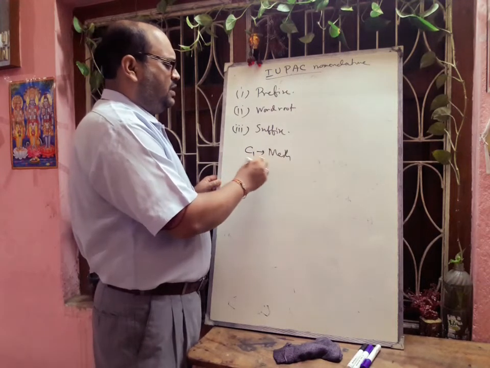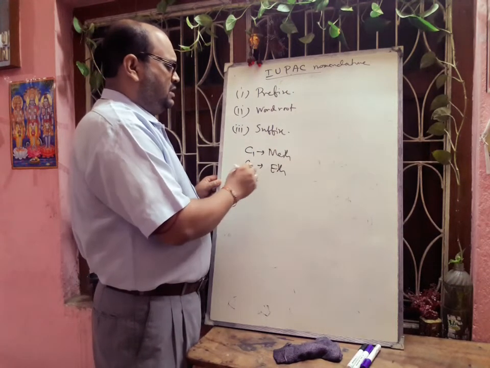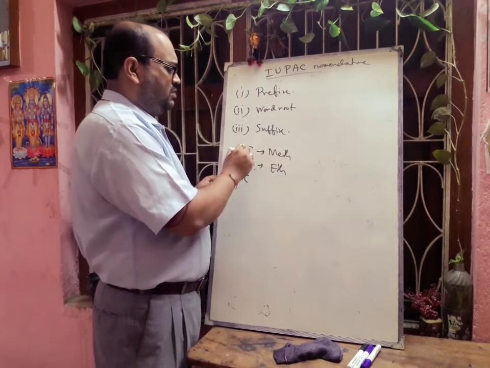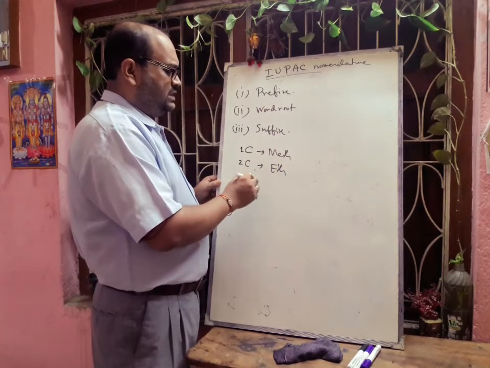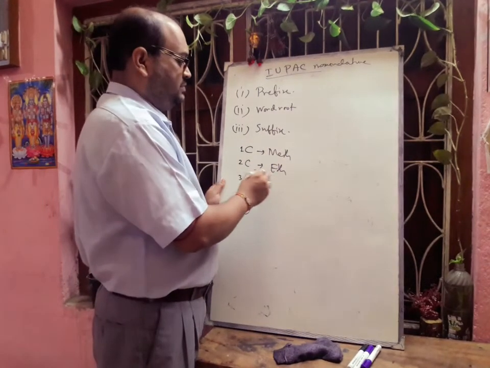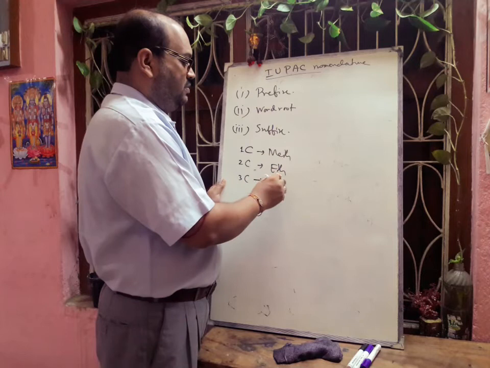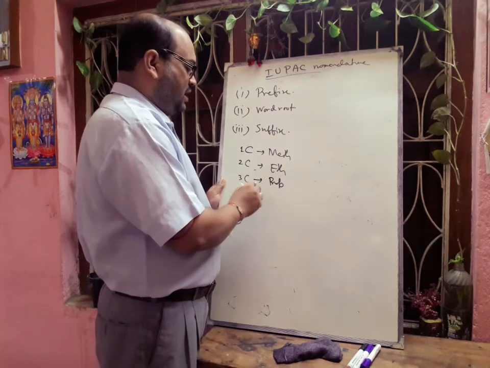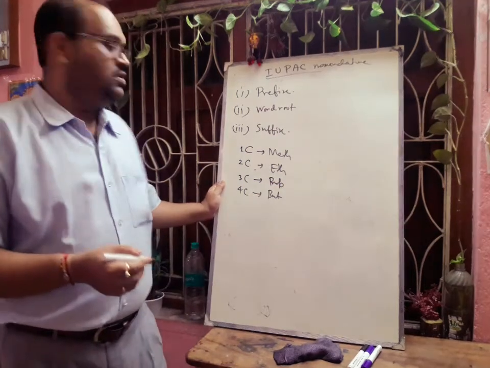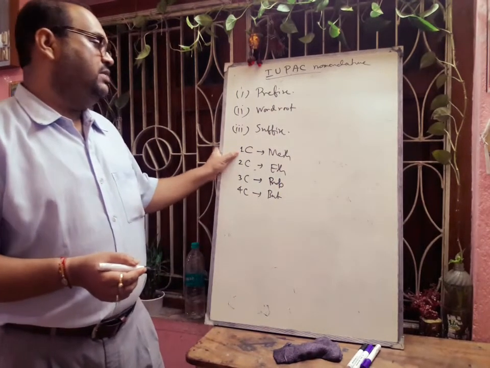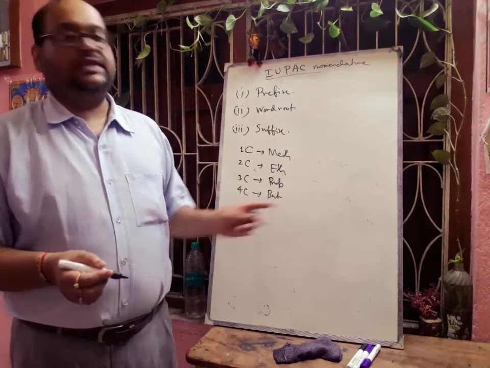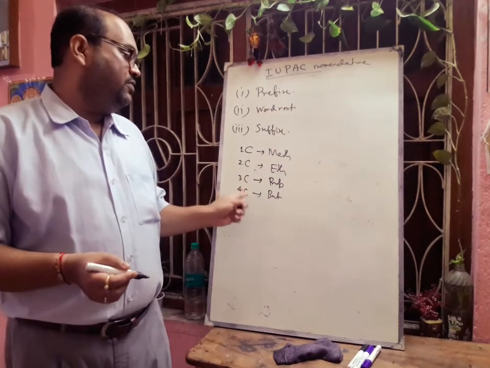If there are two carbon atoms, eth. If there are three, prop. If there are four, but. So in case of one it is meth, two eth, three prop, four but.